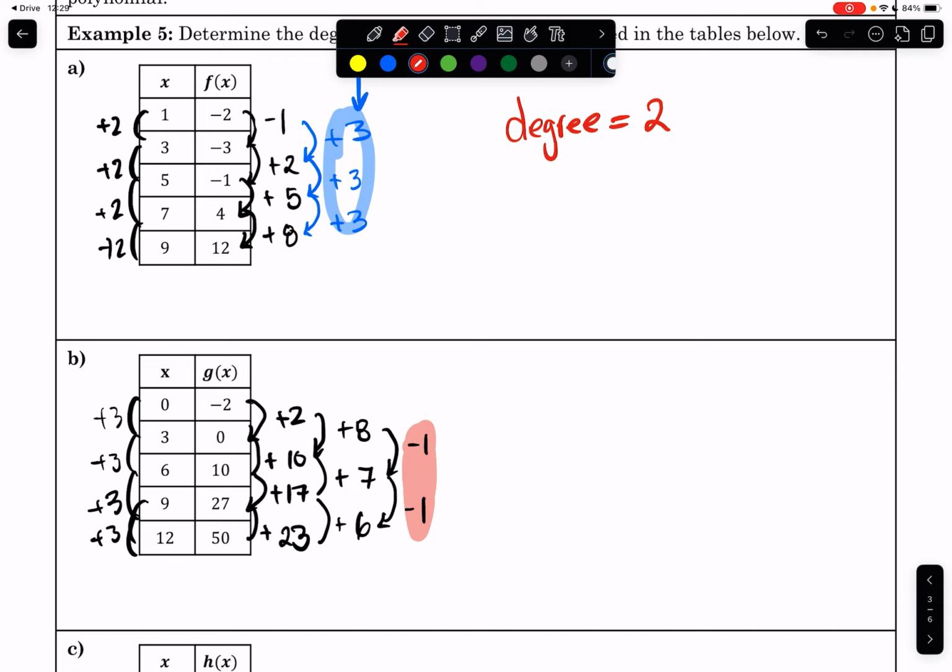Since these are now consistent, both negative 1, it took us a total of 3 times, once, twice, 3 times to get this consistency. That means that the degree of this polynomial is 3.